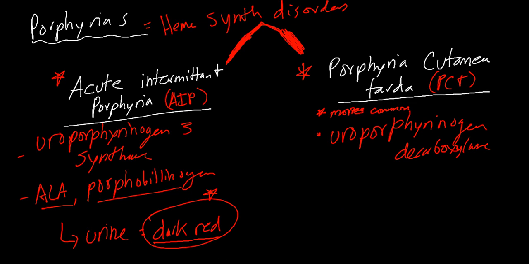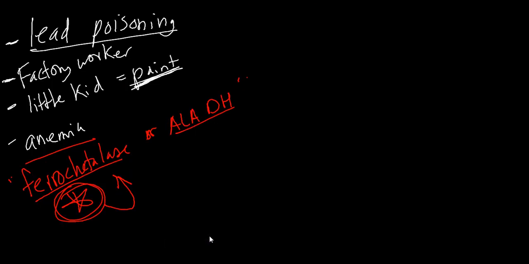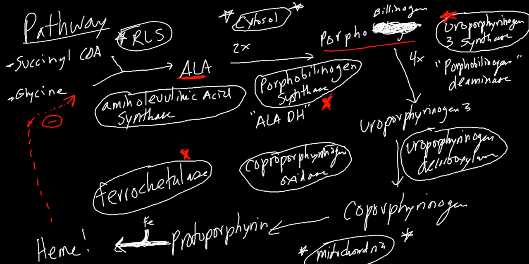Uroporphyrin decarboxylase. Again, let's try and figure out where in the pathway we have a problem. Before, we had a problem up here with this enzyme. Now we're going to have a problem with this enzyme. Now, when you can't convert uroporphyrin 3 into coproporphyrin, you're going to have a buildup of this uroporphyrin 3.